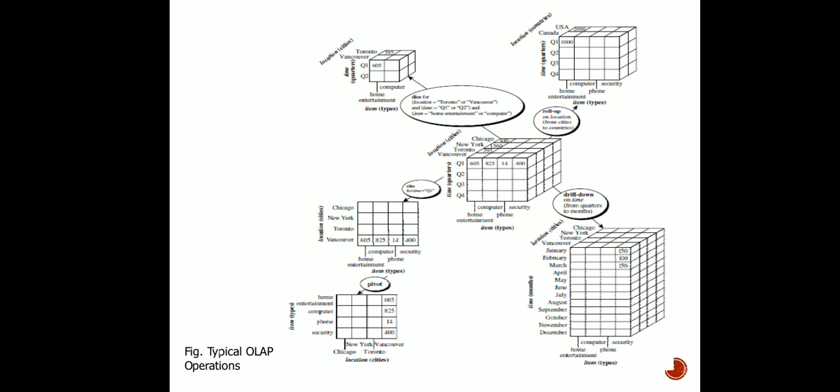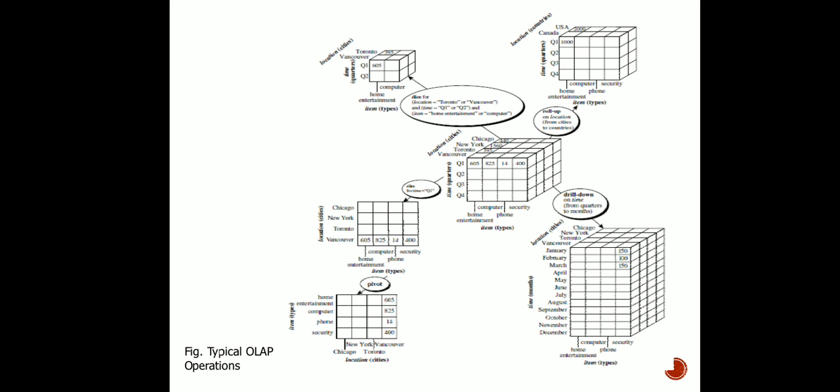So if we slice it for Q1, you can see Q1 is holding the values 605, 825, 14 and 400. So we are selecting this, means we write the query select star from this table where this one. Here the where clause is associated with the time, that is where it is Q1. So we are just selecting those values which are meant for Q1.